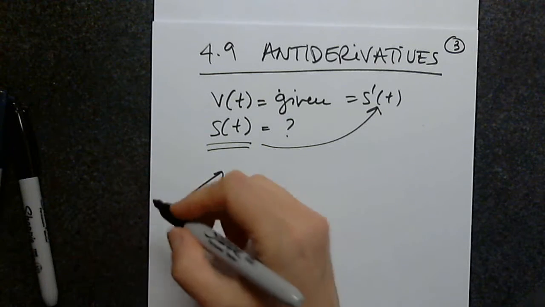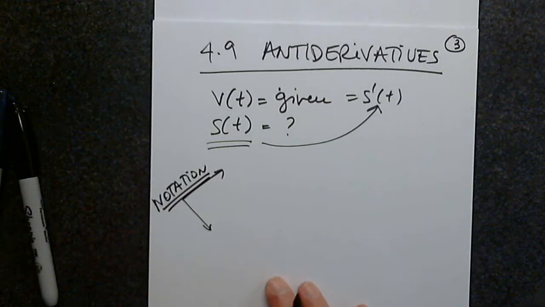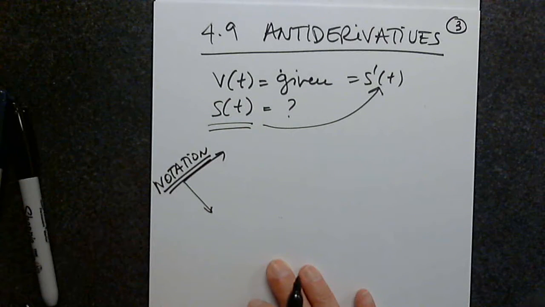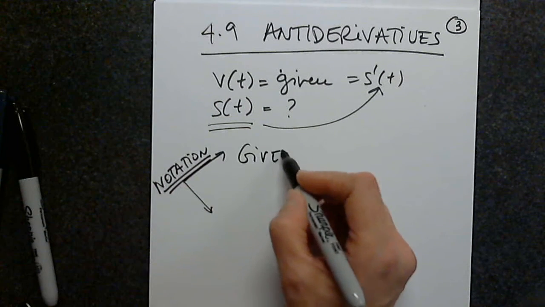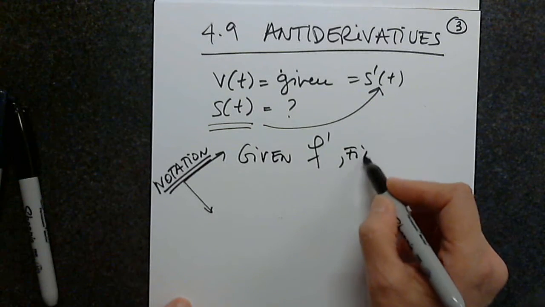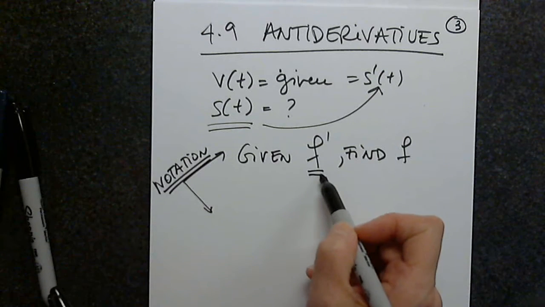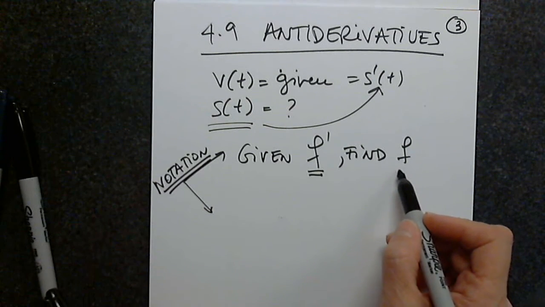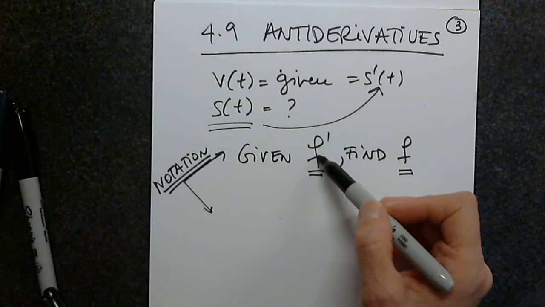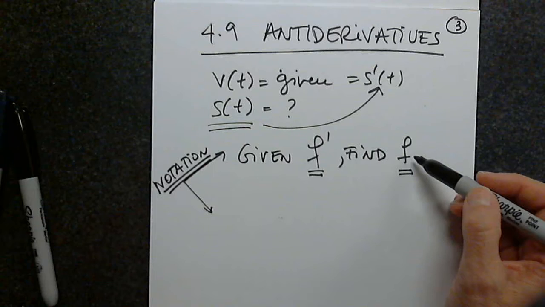So the notation is very important. Given f prime, find f. So given the first derivative, and I find the function, if I'm given the notation f prime, then I have to use the notation f.